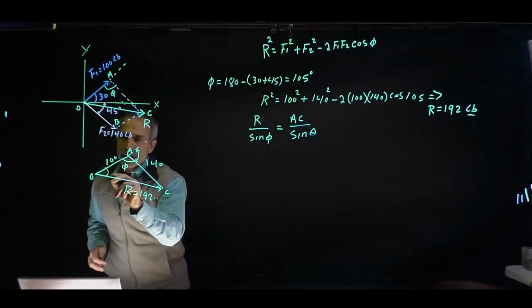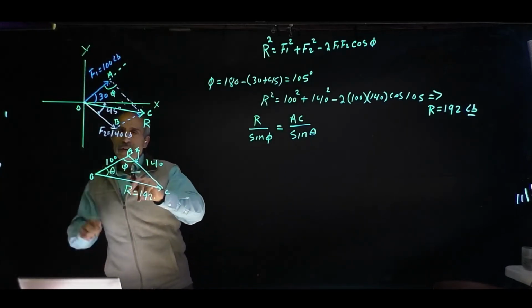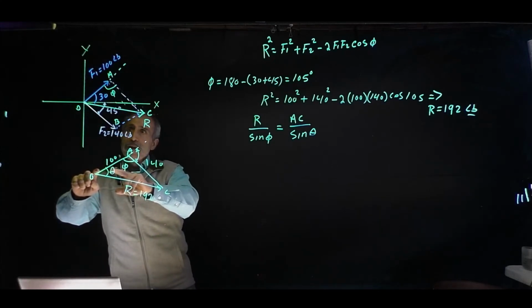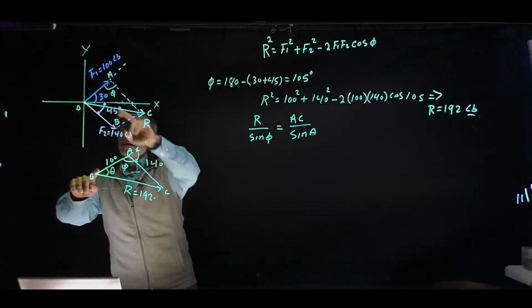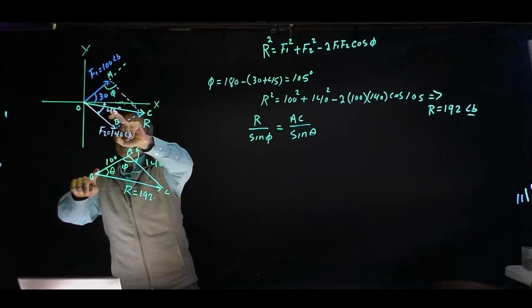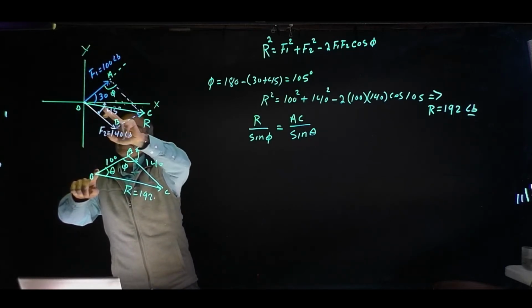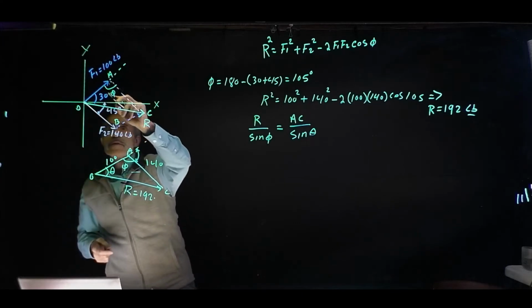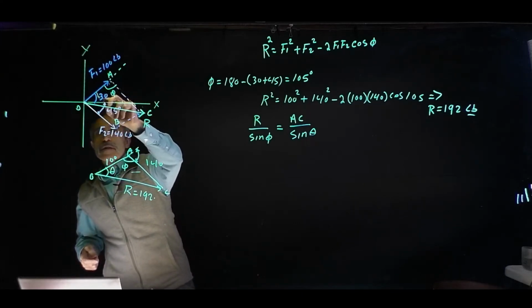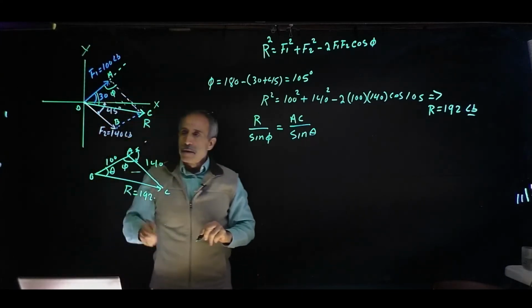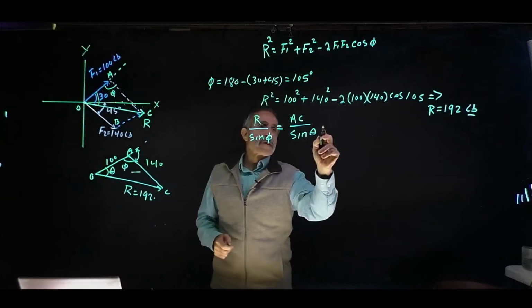Let's call this angle theta. Theta is the angle between this right here and this resultant force, so it's this angle right there, but we don't know what it is. So we're going to continue.